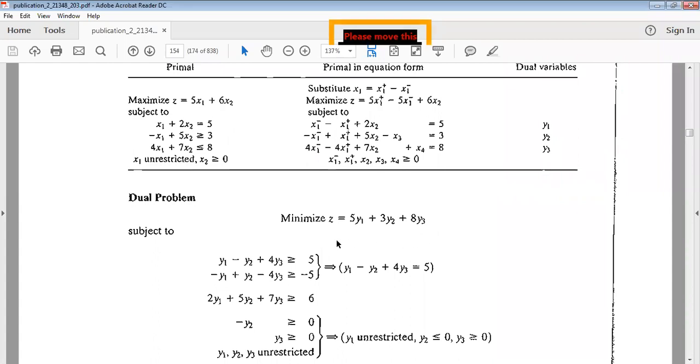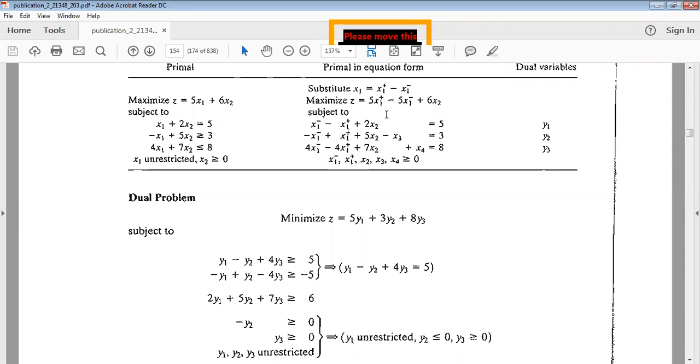So therefore, coming to this particular thing, this is y1 minus y2 and y3 minus y2 plus 4y3 minus y, plus y1 minus y1 plus 4y3 is equal to greater than nothing but 5 as given, greater than 5. Next, again, the second one is minus y1 plus y2 minus 4y3, and greater than nothing but minus 5.